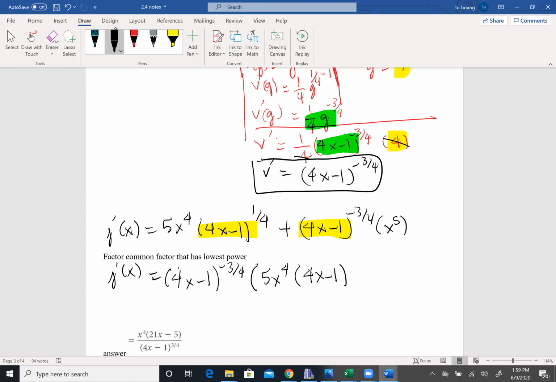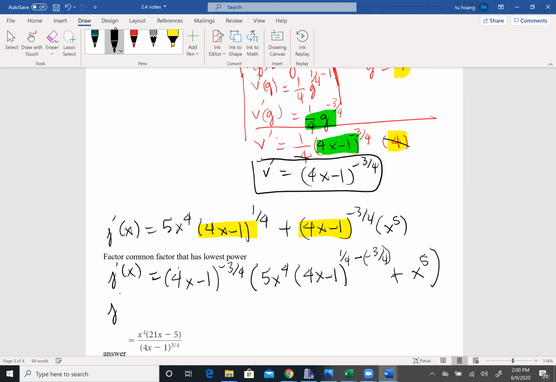That means you are taking 1/4 here and then subtracting the negative 3/4. And then you need to add the second term, where you take away the whole 4x minus 1 to the power negative 3/4. So you're gonna just have only x to the fifth here. You see that, right? Okay.